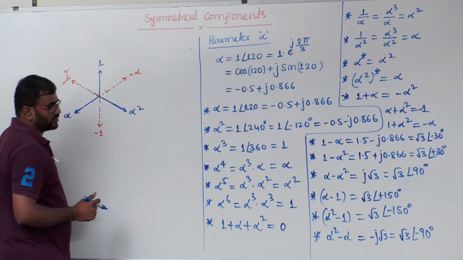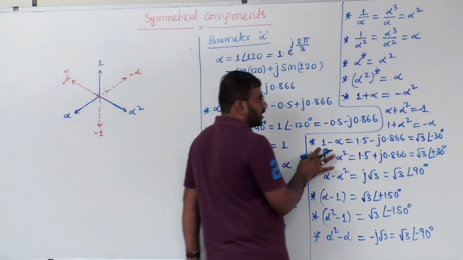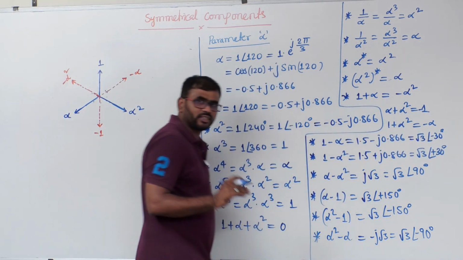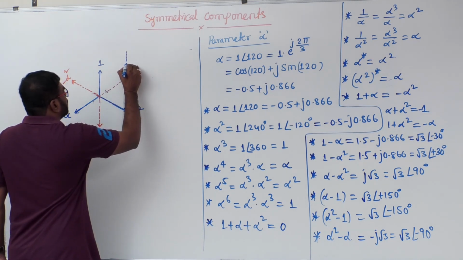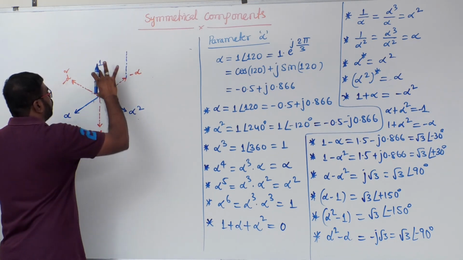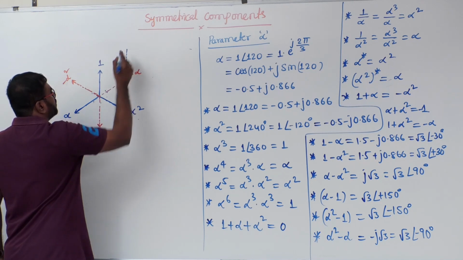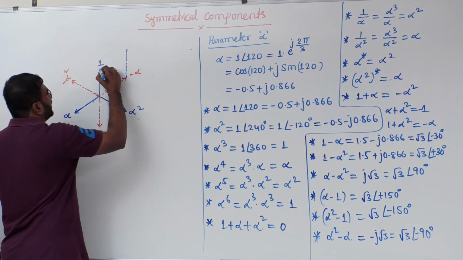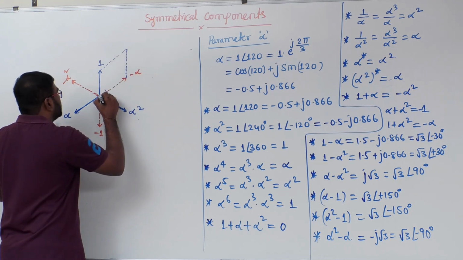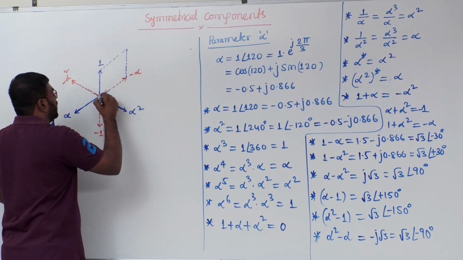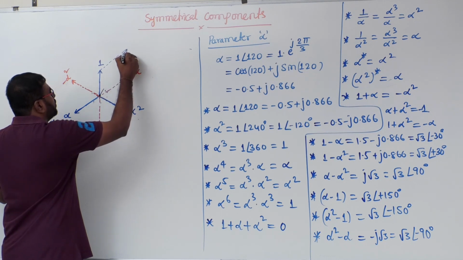So what is 1 minus alpha? 1 minus alpha is what? Root 3 at an angle minus 30. Have a look. This is what? 1 I am writing here. Now minus alpha I am just writing as it is here. Now if I add 1 and minus alpha, we get 1 minus alpha.